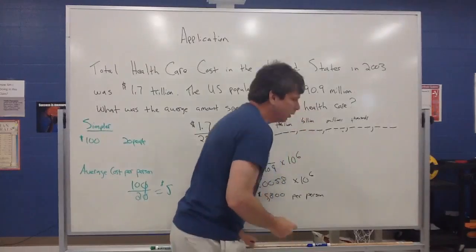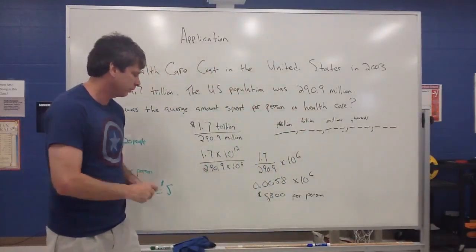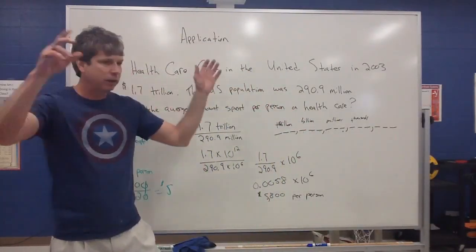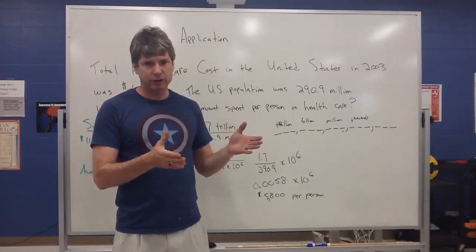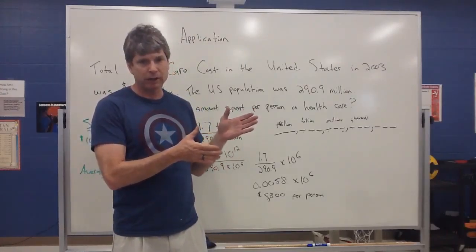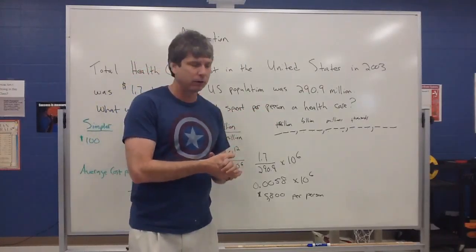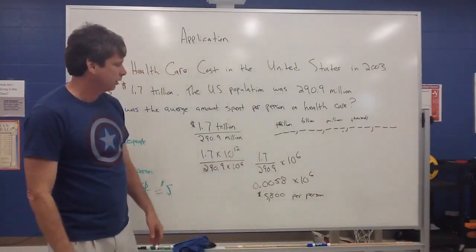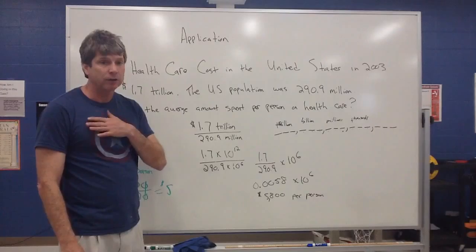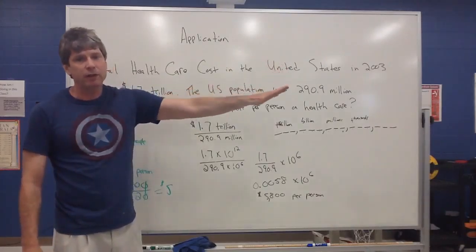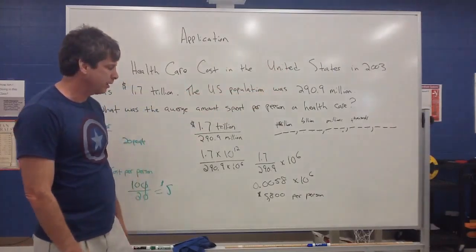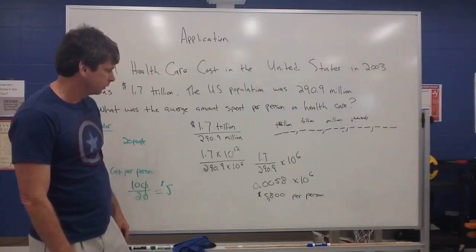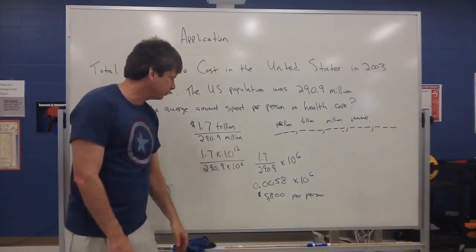So that's what healthcare would have cost us back in 2003 if we take it all in holistically. On average, each person is putting in $5,800 to help with the healthcare. That doesn't mean I'm spending $5,800, but if you distribute it evenly across there, it would play out to $5,800 per person. So that's how we can attack that problem.